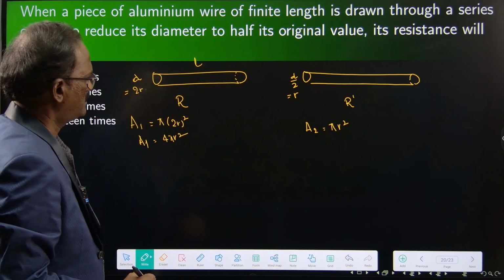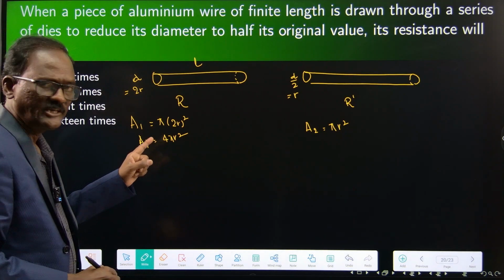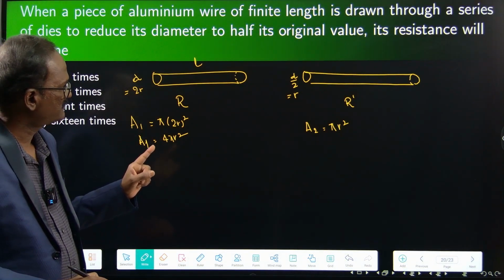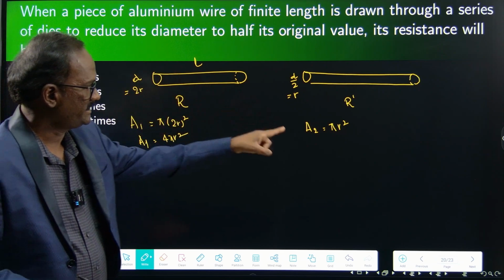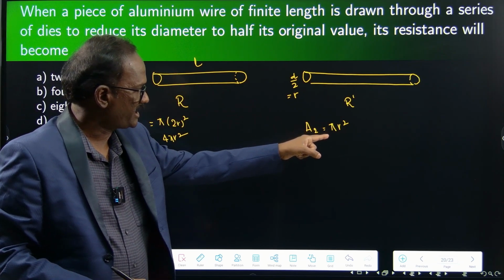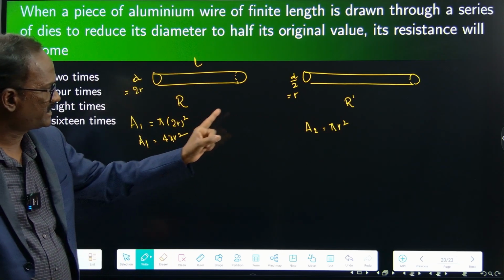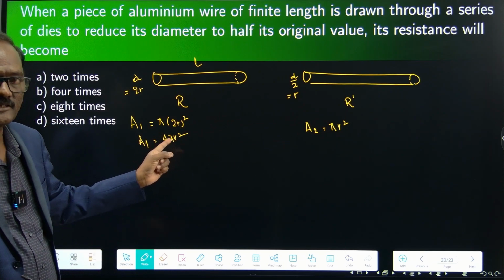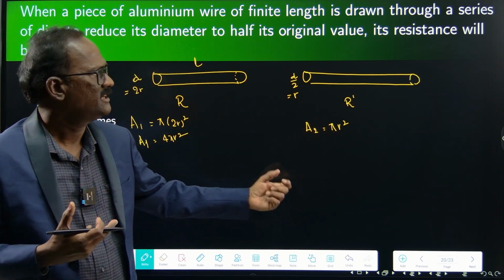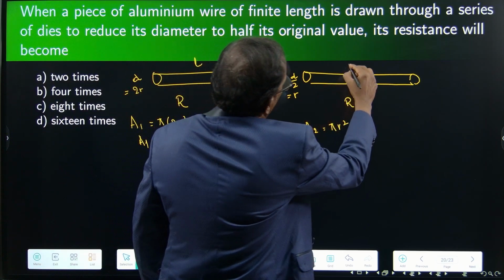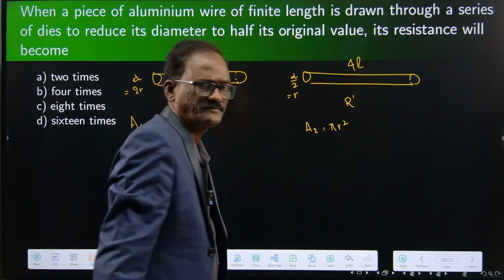Length it is L. A1 is 4 pi R square. Its length is L. Then area is becoming pi R square. That means 4 times it is decreasing. It is 4 pi R square, it is just pi R square. The new area is decreased. That means the new length has to increase. Right?